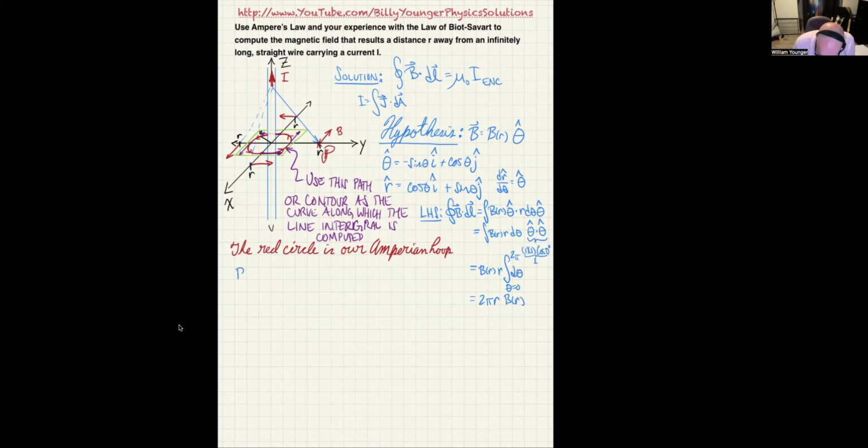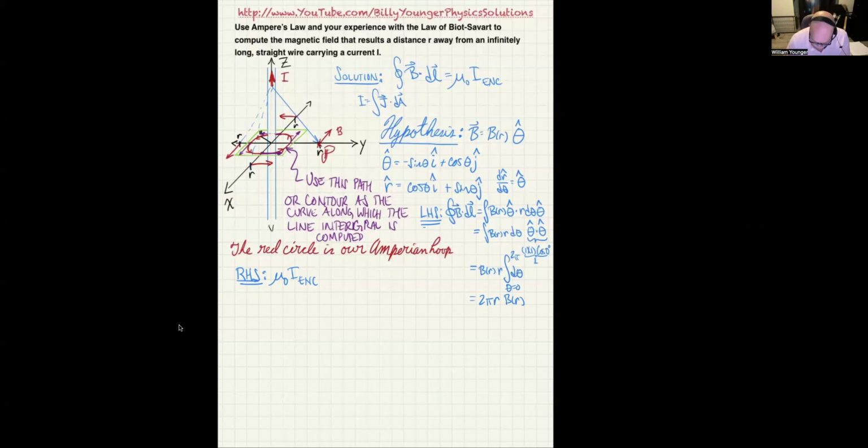So now I'm going to write down the right-hand side, just like that was the left-hand side. And the right-hand side is mu 0 times I enclosed. If you take your right hand and curl your fingers around the direction of the red path that we're integrating along, you'll see that your right thumb is pointing upward, which is parallel to the current.